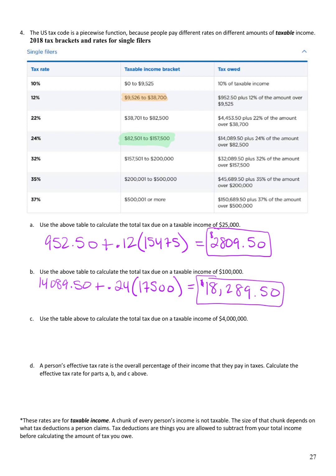All right, what if we make $4 million? We have a taxable income of $4 million. That's going to be in this highest tax bracket of $500,000 or more. And for that, we have to pay $150,689.50, plus 37% on all the dollars we make that are over 500,000. So if we made 4 million, we're paying this high 37% tax on 3.5 million.